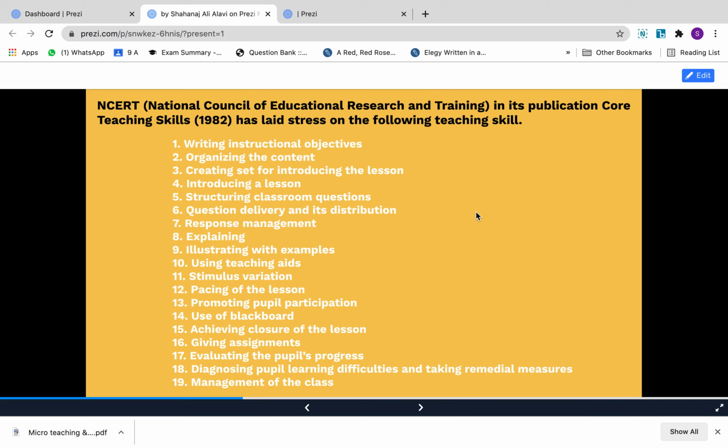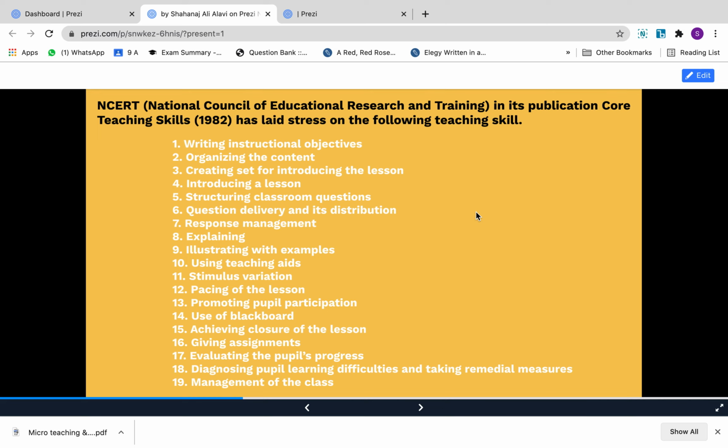It includes 19 skills, right from writing instructional objectives to organizing the content, and then creating set for introducing the lesson, introducing a lesson, then structuring classroom questioning, question delivery and its distribution, response management, explaining, illustrating with examples, using teaching aids, stimulus variation, pacing of the lesson, then promoting pupil participation, use of blackboard, achieving closure of the lesson, giving assignments, evaluating the pupil's progress, diagnosing pupil learning difficulties and taking remedial measures, management of the class. So these are the 19 core skills given by NCERT.